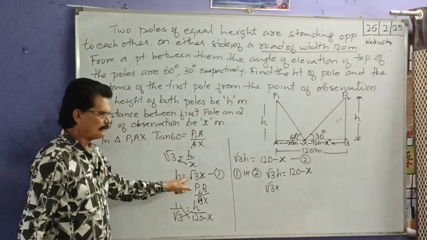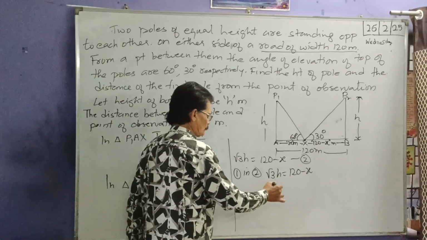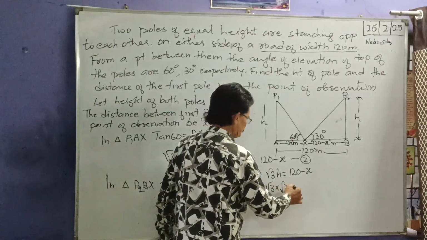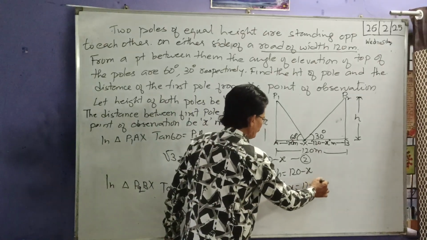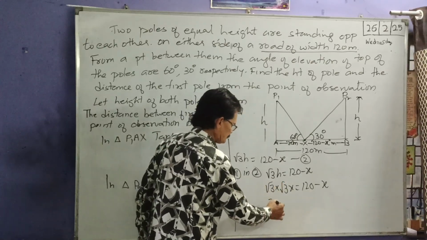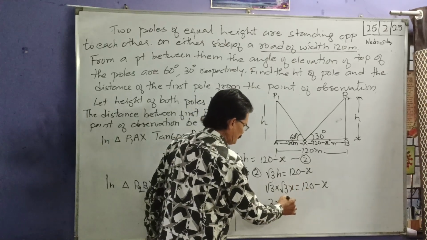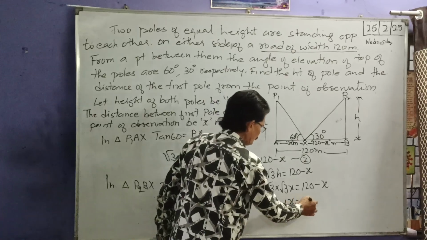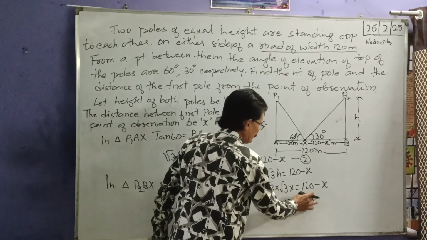H is how much? Root 3x. So root 3 into root 3x is 3x, equal to 120 minus x. Minus x comes this side, plus x is equal to 120 meters.